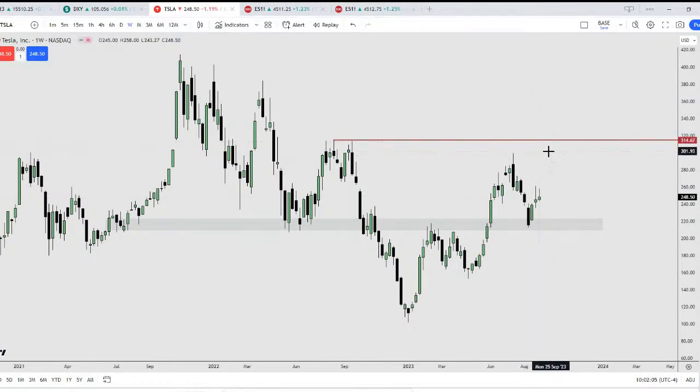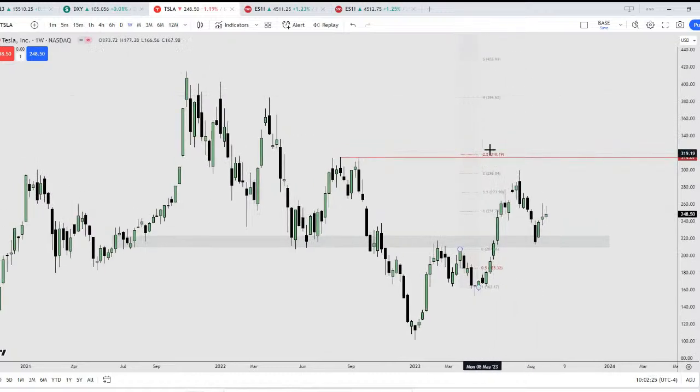Okay. So how far can Tesla go, right? From the lowest closing to the highest closing, I would use this projection right above the swing high. That would be more than enough to be the top, but I want to see if it is able to close above.